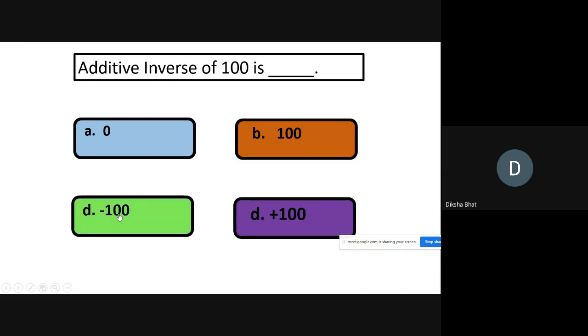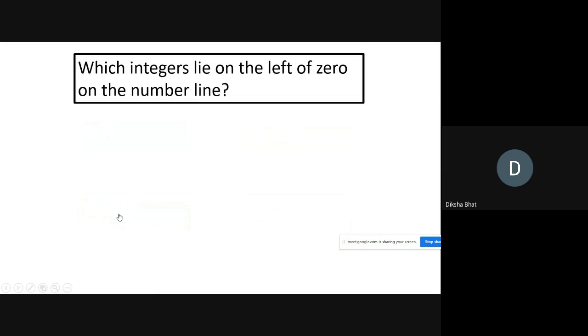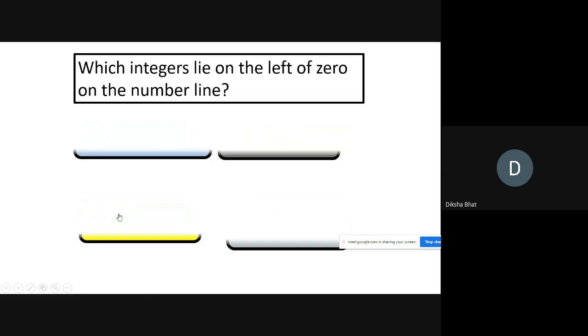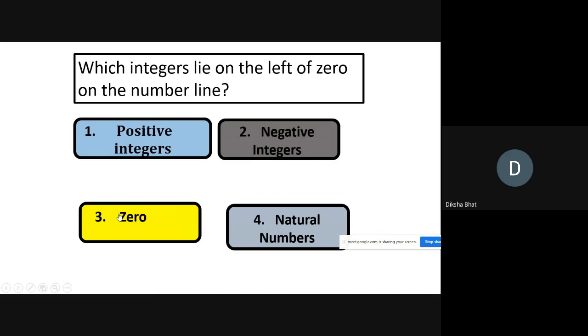Yes, correct answer. Which integers lie on the left of the 0 on the number line? Negative integers. Let's check. Yes, correct answer.